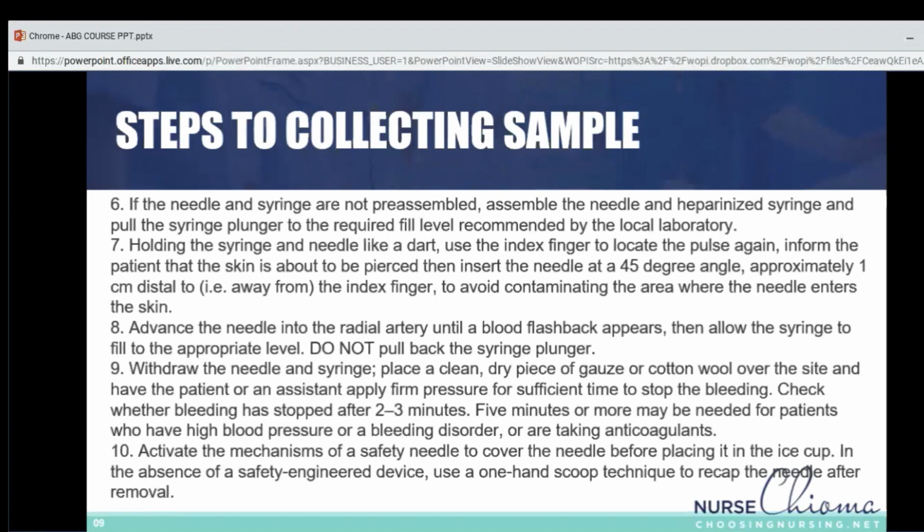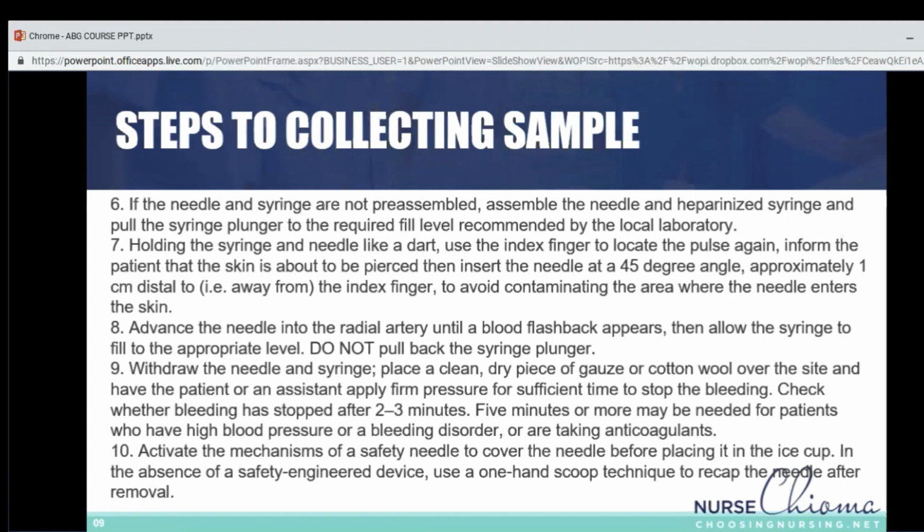Sometimes they'll send the ABG kit already assembled and set up, so all you have to do is literally just withdraw the blood. It's not really difficult. If it's not assembled, then you'll need to assemble the needle and a heparinized syringe and pull the syringe plunger to the required fill level recommended by the local lab.